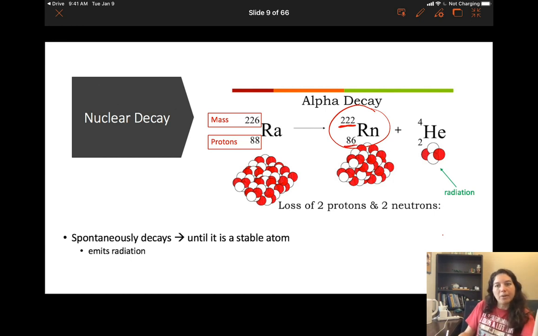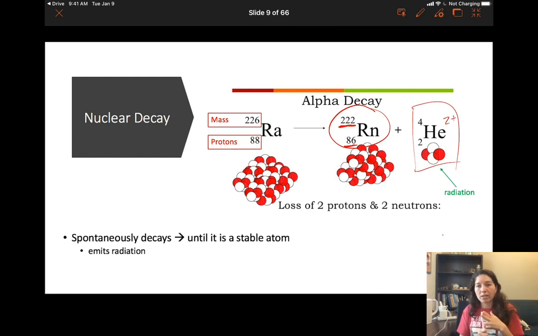Whoa, that's really weird, right? Those go over here into this new chemical that's created, this helium, He2+. So it's got 2 protons, 2 neutrons, no electrons, and this is what we call alpha radiation. It's a helium nucleus.